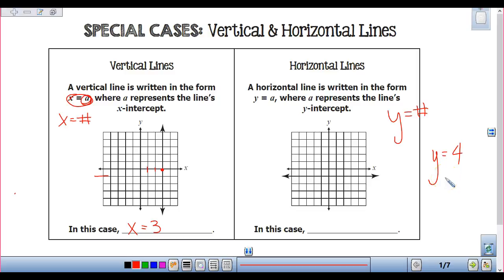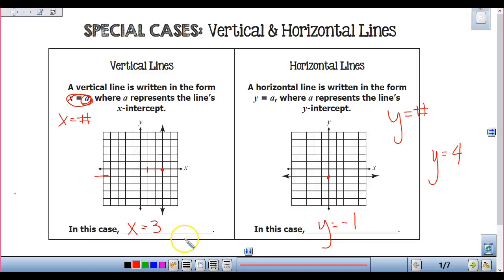If I have 0 slope, what kind of a line do I have? A line that goes across, a horizontal line. So in this case, we go on the y-axis and we find where y is -1. That's just what my line would be.